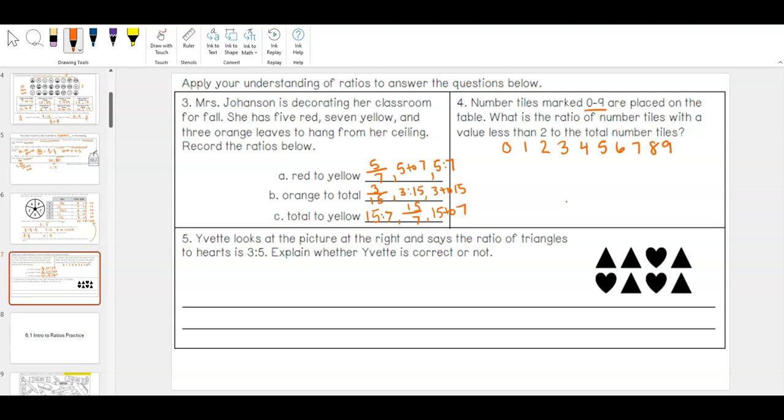That's what this means right here, from 0 to 9. So that means that the total number of tiles is 10, because you've got 9 plus that 0. Okay. The number of tiles that are less than 2 is only 2 of them. So our ratio would be 2 to 10 or 1 to 5.